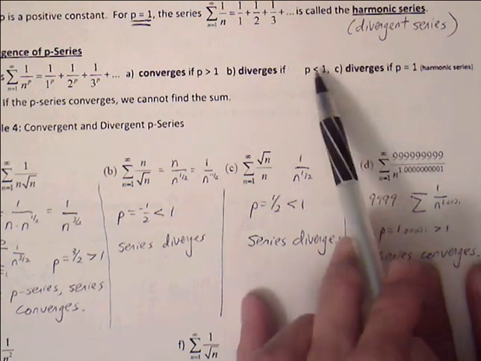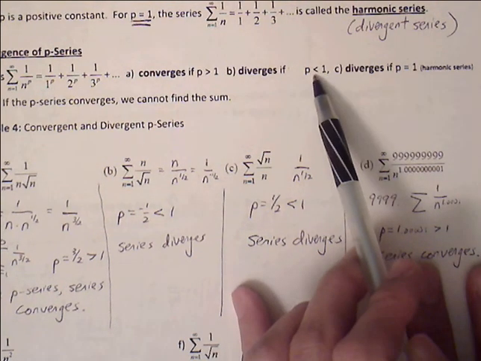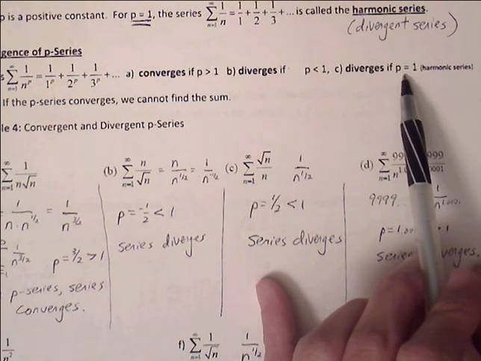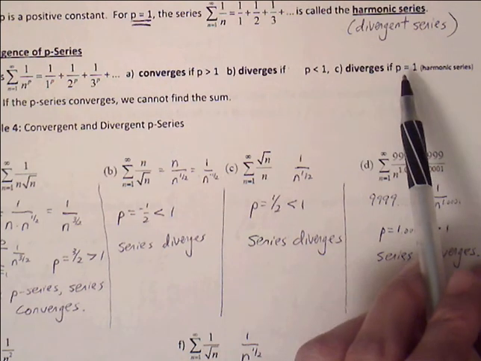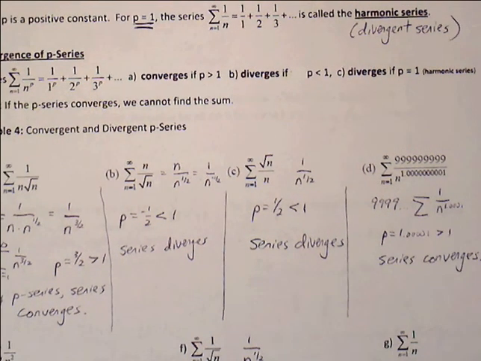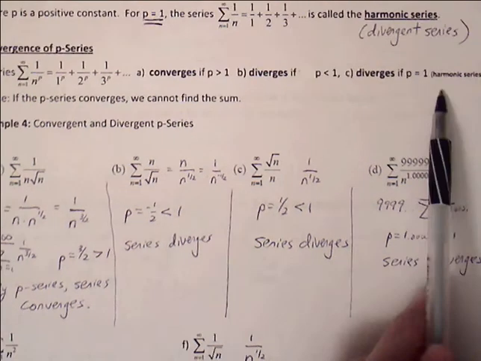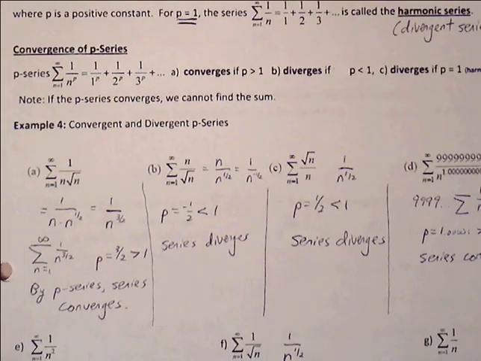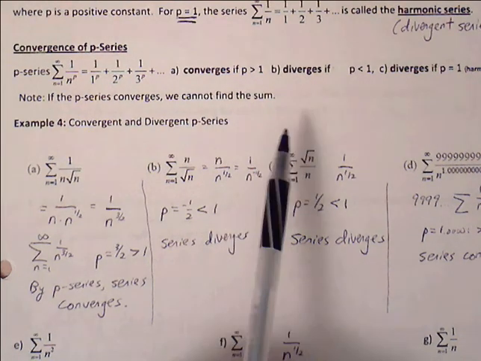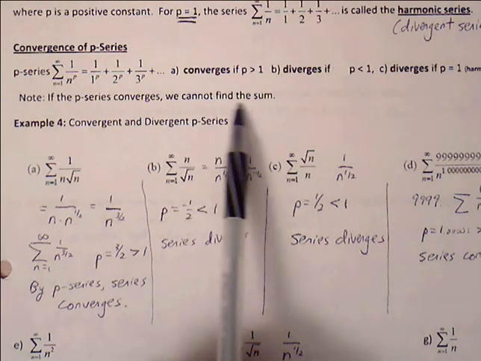We could just combine b and c and make it p less than or equal to 1, but I wanted to highlight that p equals 1 has special properties that we're going to keep coming back to. Basically, it converges if p is greater than 1. Anything else, it'll diverge.